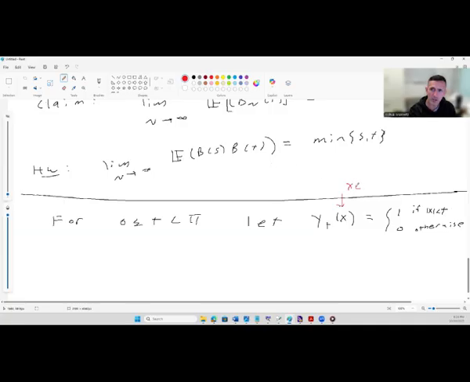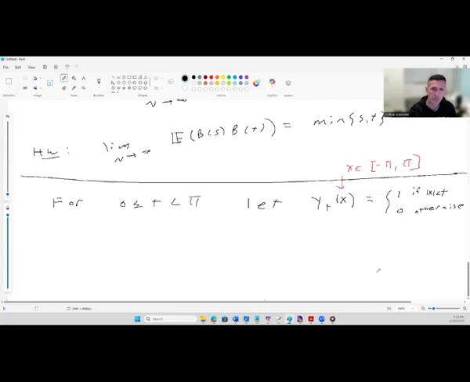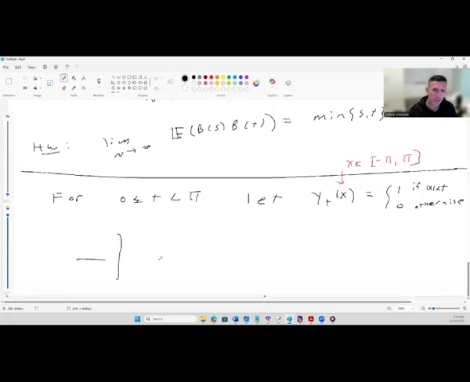Easy sanity check: here's minus t, t, minus pi, pi, and here the value is 1.